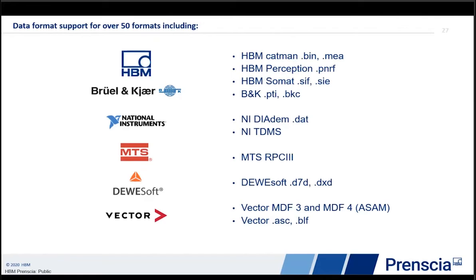So that includes HBM formats like Catman, Perception, SOMAT file formats, but also Brüel and Kjær, PTI and BKC file formats, and also other brands, for example, National Instruments TDMS files, RPC files, Dewesoft DXD files, and also Vector files, for example, MDF4, ASAM MDF4 files, including CAN data and ASCII versions of Vector file formats as well.